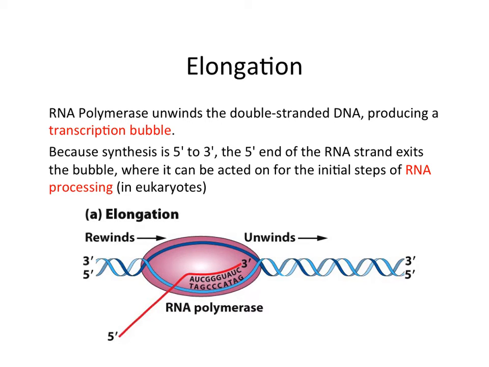Here, RNA polymerase in transcription melts the DNA to create a transcription bubble, and then it starts using base pairing to match up DNA nucleotides with the appropriate RNA nucleotides. So RNA polymerase synthesizes, sticks together the nucleotides that produce the RNA molecule.